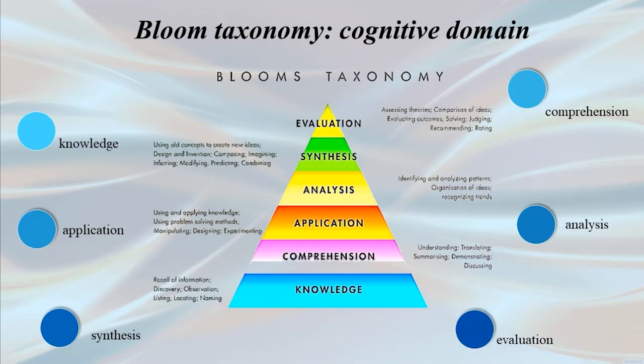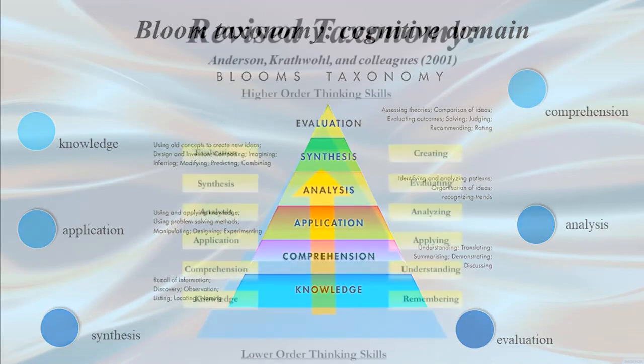Preliminary levels involve simple knowledge acquisition and utilization of memory. Progressively higher levels include an understanding of the meaning of the newly acquired information and application of the knowledge. The top levels require increasingly more complex mental processes and include analysis, synthesis, and evaluation.